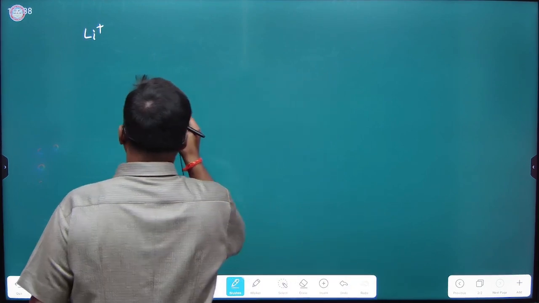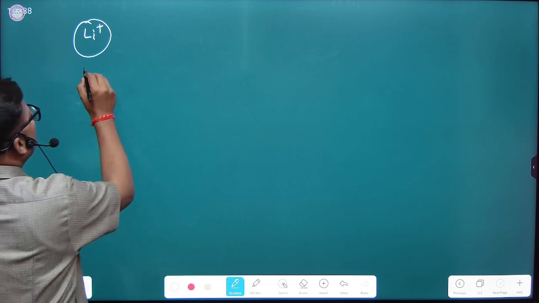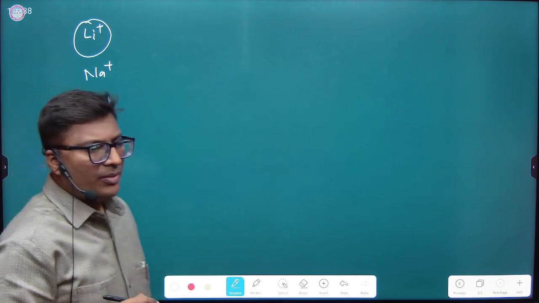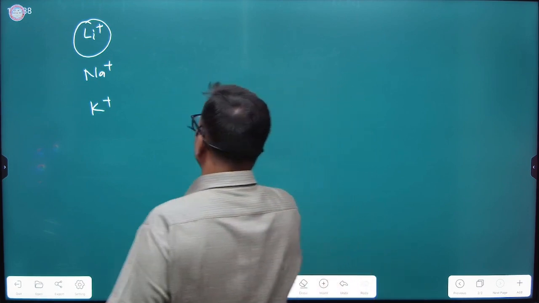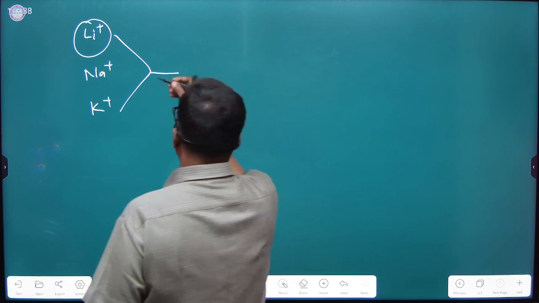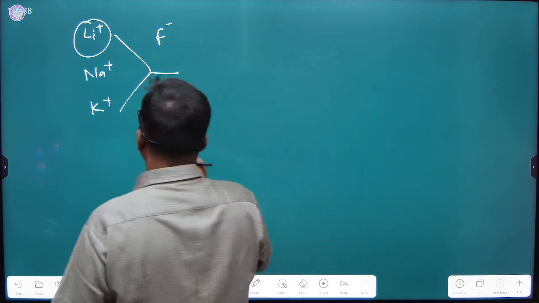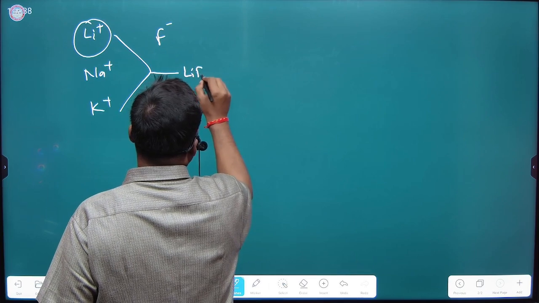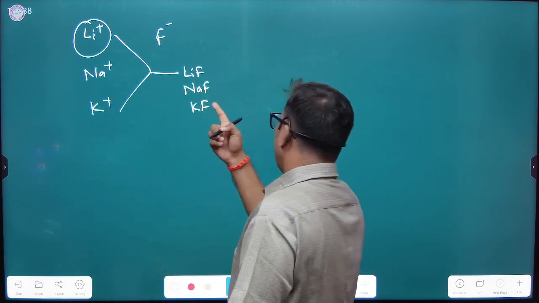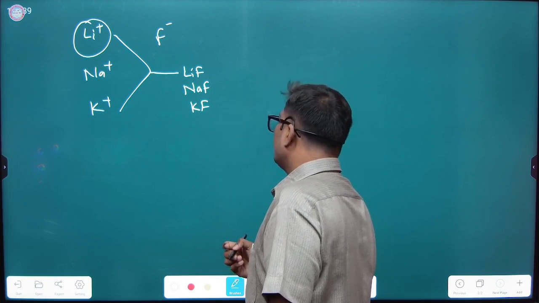For example, with the fluoride ion, which is a halide ion, compounds form like LiF, NaF and KF: lithium fluoride, sodium fluoride and potassium fluoride. All these are ionic compounds.